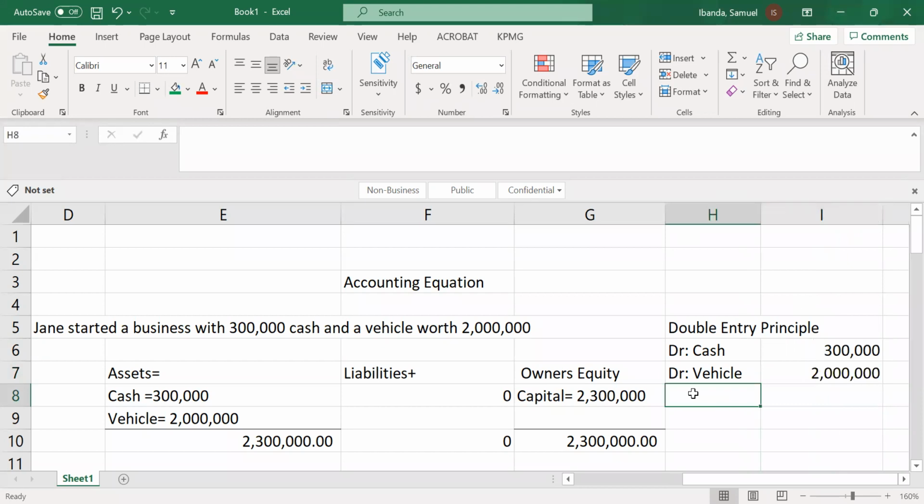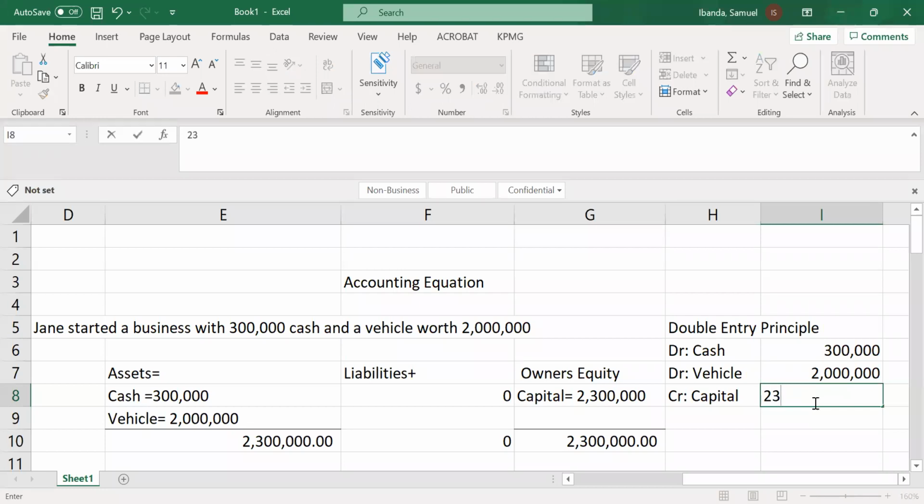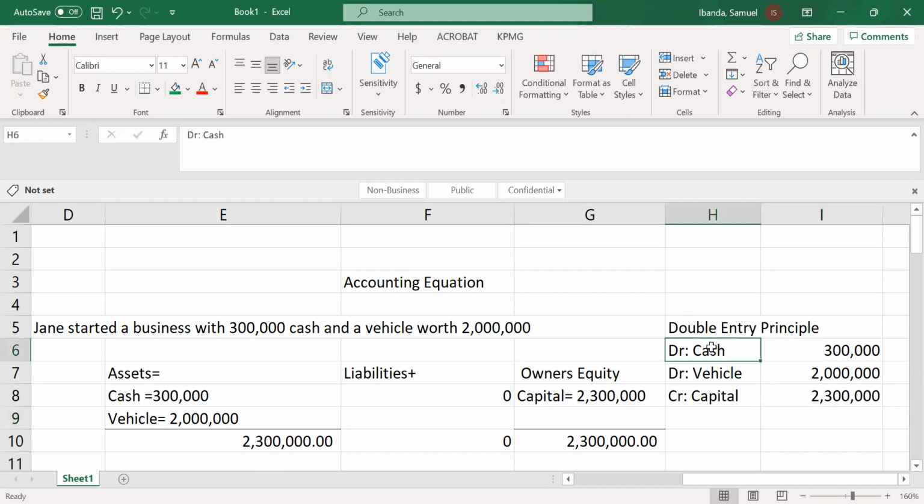After we have done that, we go on to credit our capital with 2.3 million, because in total, Jane has contributed capital of 2.3 million. Capital can either be in cash or in assets. So this is the double entry for this transaction.